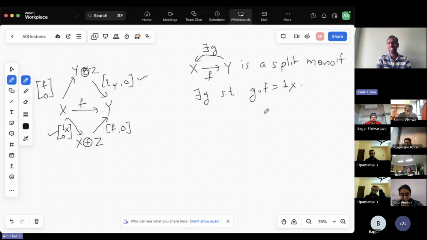Split mono, I think, is called a section, for those who know topology, and the split epi is called a retraction. Does that make sense? My first page somehow is not printed here properly, so I'm going to go back to the PDF for some time, and then I'll come back to this.